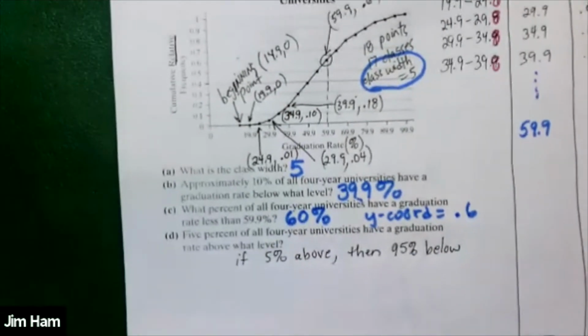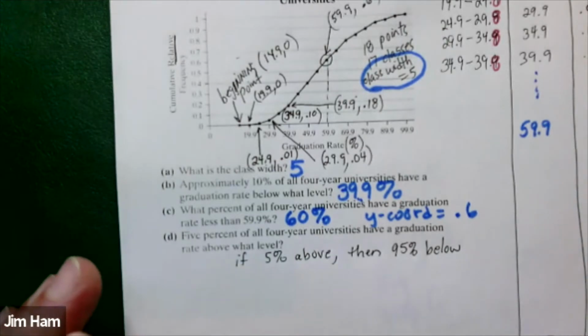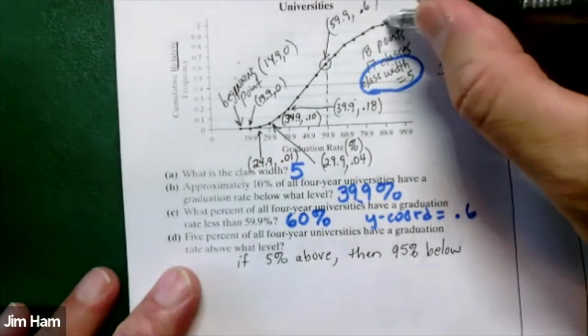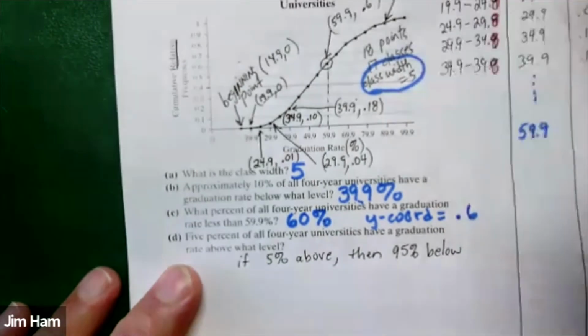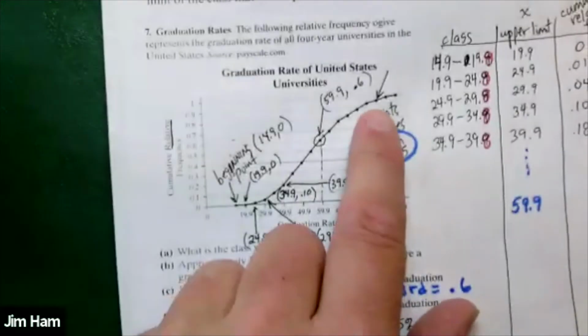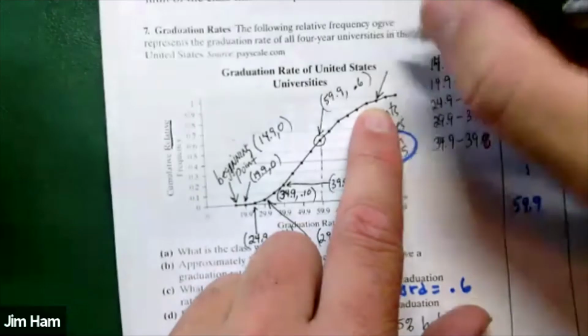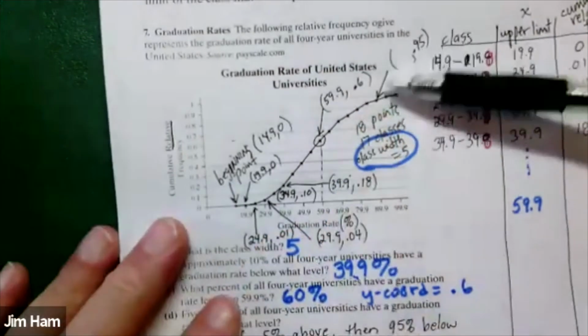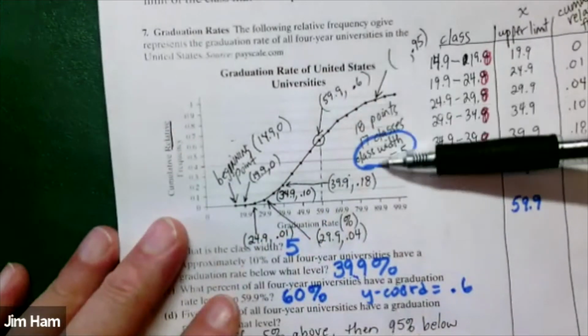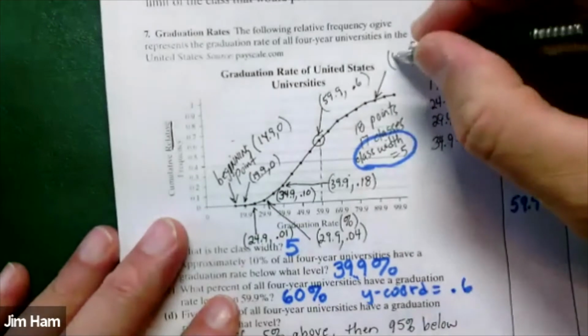So what we're looking at here is the point that has a y-coordinate of 95. So I'm going to choose the one that I think is closest. I think that one right there is closest to 95. And the x-coordinate that corresponds to that point is 89.9.